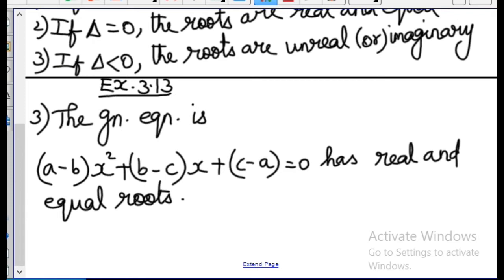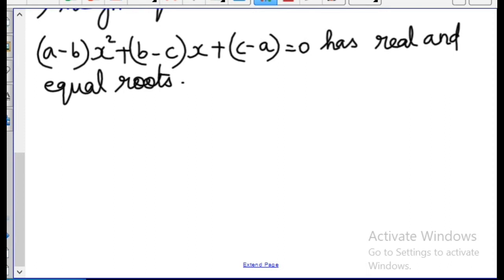Here in the question itself it is given in small a, b, c, so while comparing we take capital A, B, C. We are going to find the nature of the roots only, so we need only the discriminant.